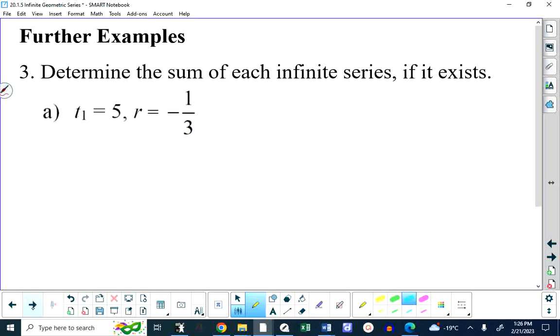So we can use this formula. First term over 1 minus R. And I'll give you a second to crunch those numbers. 3.75.